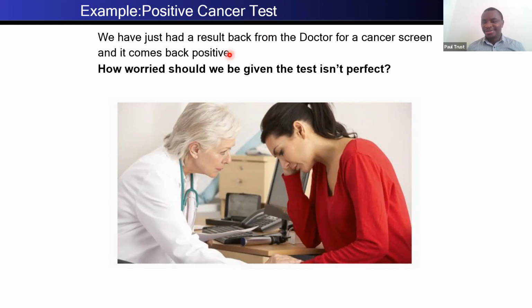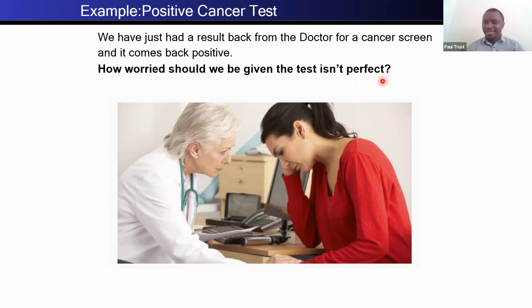How worried should you be? All of us don't want to die, and when people have cancer tests, they think they will die, and yet there is chemotherapy. So if we've just had a result back from the doctor for a cancer screen, and it comes back positive, how worried should we be, given that the test is imperfect?